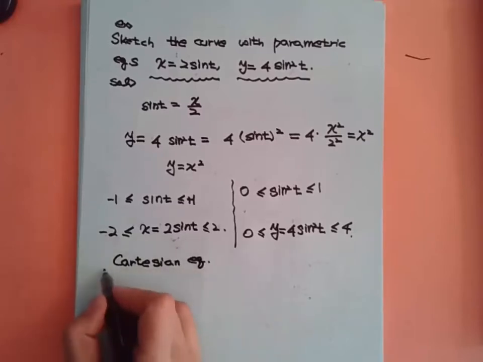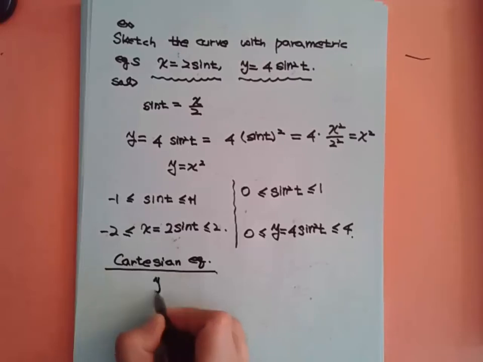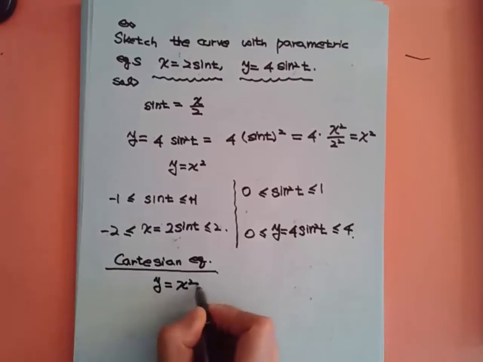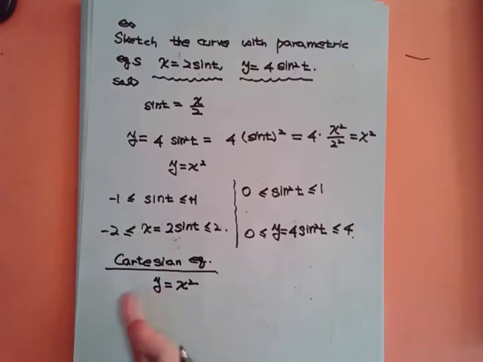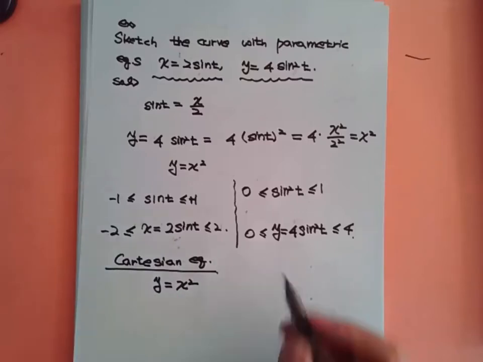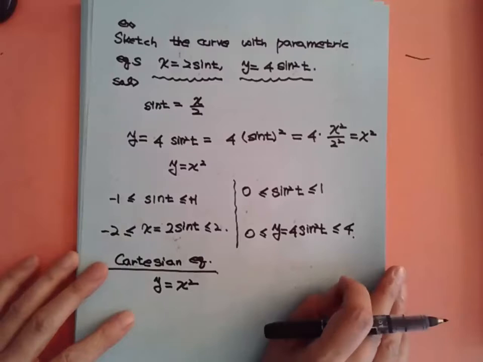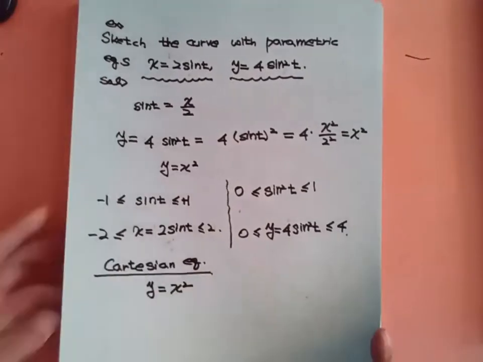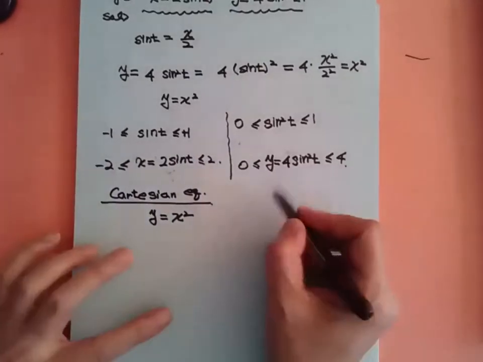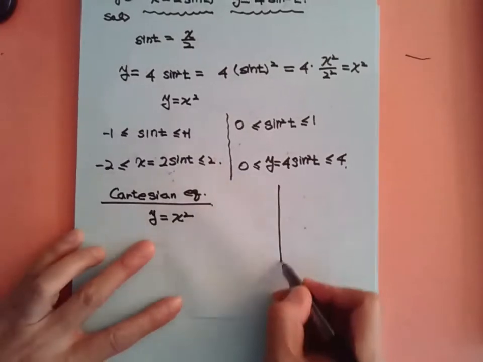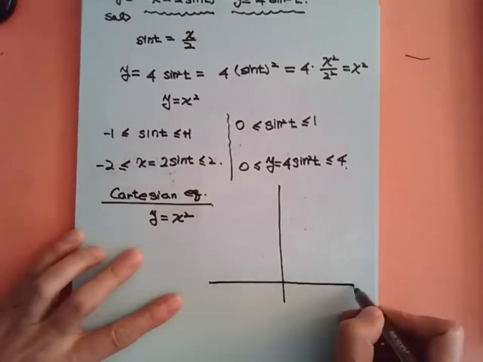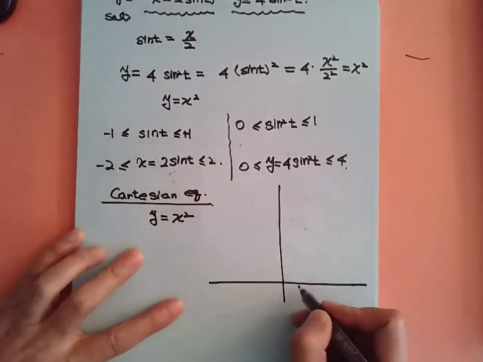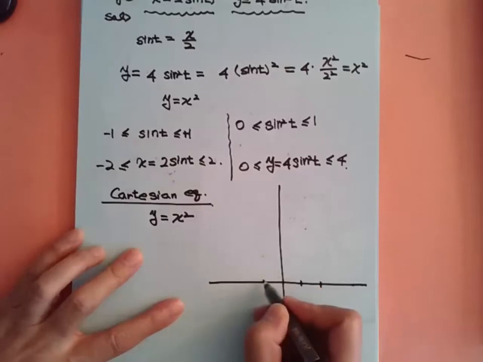The Cartesian equation we already obtained is y equals x squared, right? And so we will use this one. What I will do is draw the parabola first.